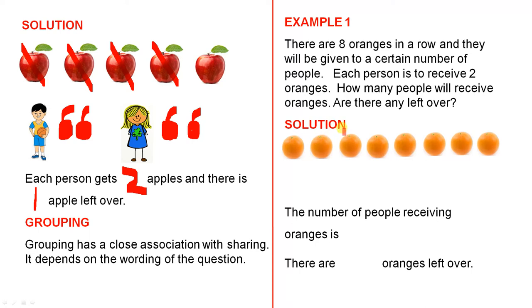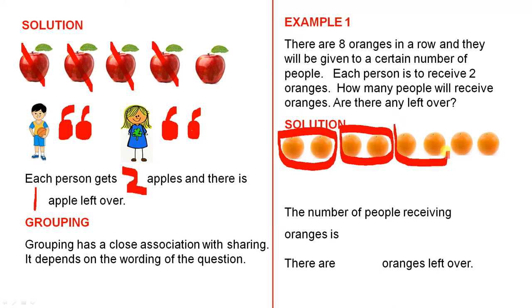Here is the solution. The important thing is this. Each person is to receive 2 oranges. So the first person gets those 2. The next person gets those 2. The next person gets those 2.